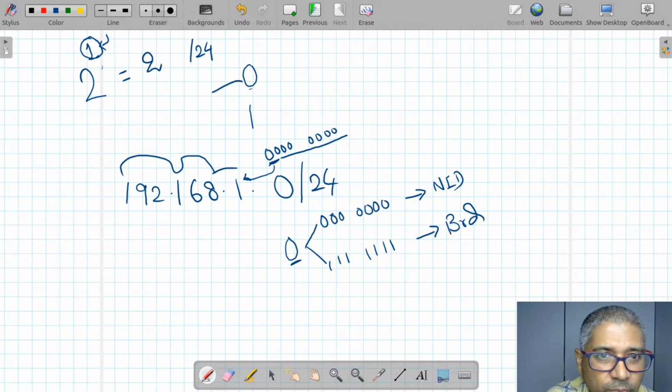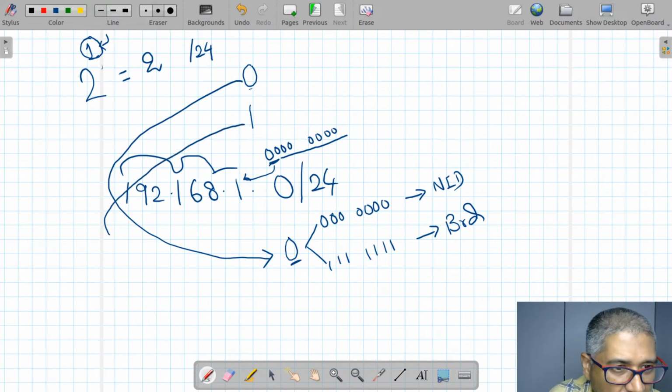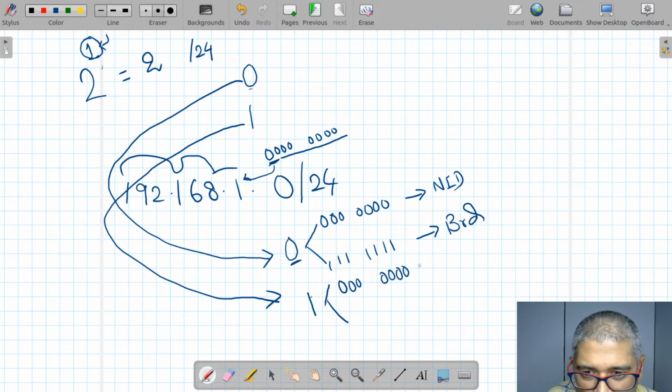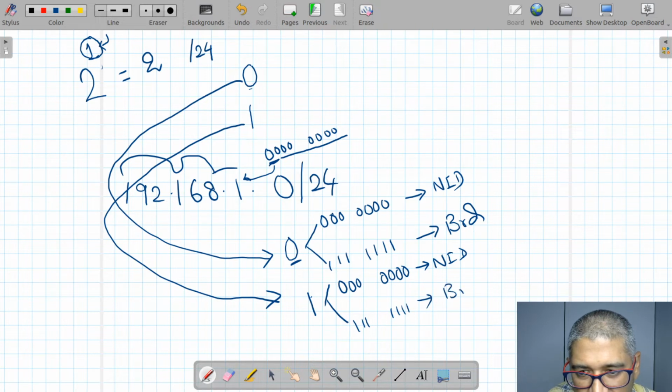Now, the second option: you have 1, reserved as 1, and again all 7 zeros give the network ID, and all ones give the broadcast IP. Right? Clear? Understand, guys? So the first network is this, the second network is this.